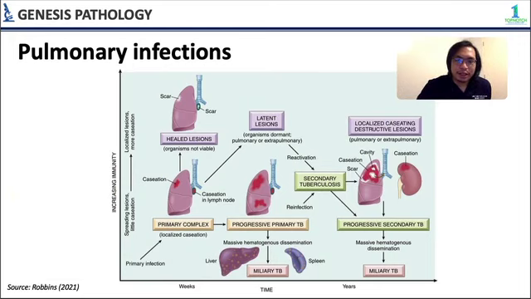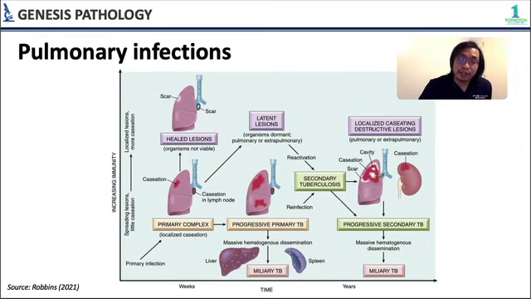Tuberculosis, this is a good slide for tuberculosis. So, usually, we start with primary infection, magkakaroon ka ng primary complex, no? Then, magkakaroon ka ng localized caseation, usually Ghon focus, sa mid lang.